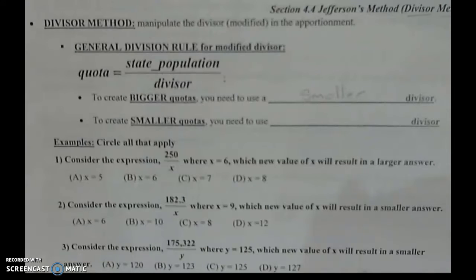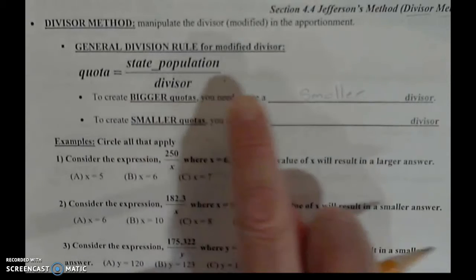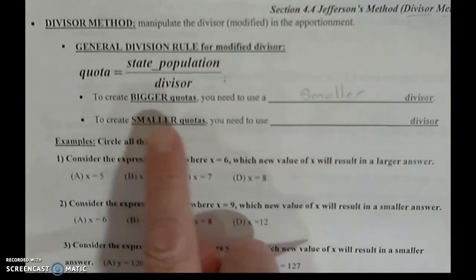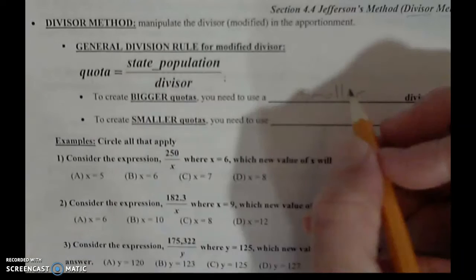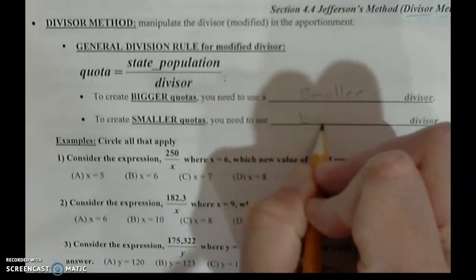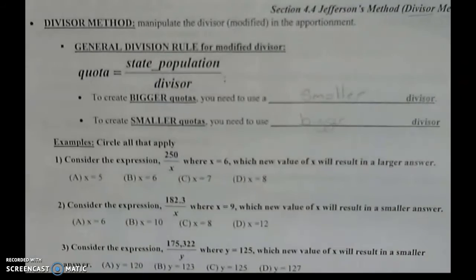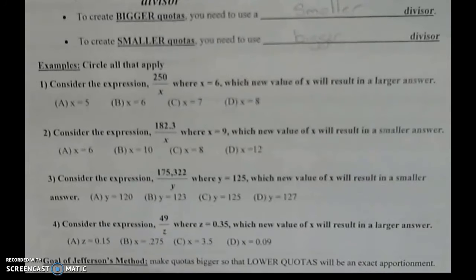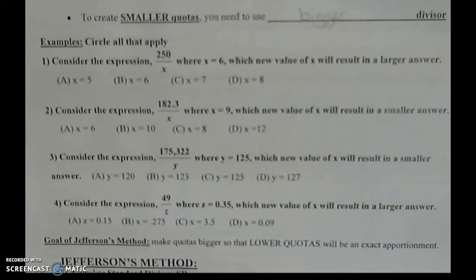So if I want a bigger quota, I need a smaller divisor. And vice versa, if I need a smaller quota, then I'm going to need to use a bigger, or larger, divisor. All right, so that being said, we now can look at these examples right here.